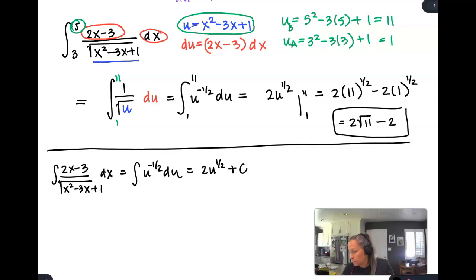Now you'll note I'm still making sure that every single one of these equal signs is truly equal to each other. I'm including the plus c because I've now converted this to an indefinite integral. I'm still making sure all my communication is on point. But now that I have what my indefinite integral is, I can restate the original problem, which was the definite integral from 3 to 5 of this same integrand, right?